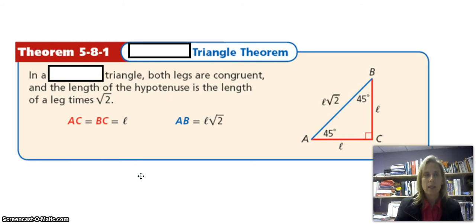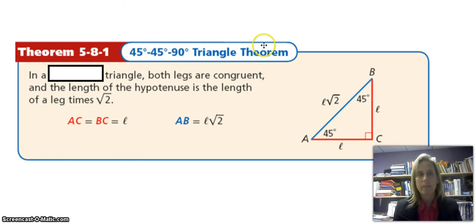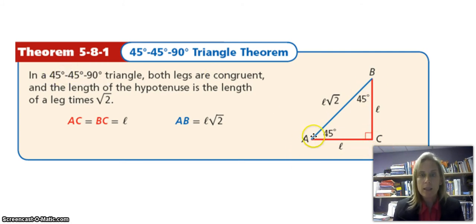Okay, so for the isosceles triangle, we have a theorem, or the 45, 45, 90 triangle theorem. In this type of a triangle, both legs are congruent. The value of the hypotenuse is equal to the product of the leg times the square root of 2.